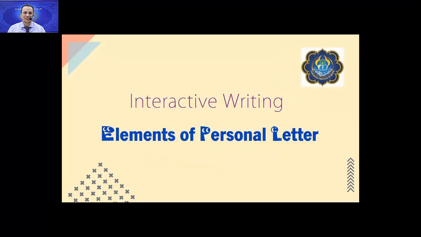Interactive writing is divided into two parts or two sections: formal and informal. Today we are going to explain the first type of writing. Interactive will be elements of personal letter.